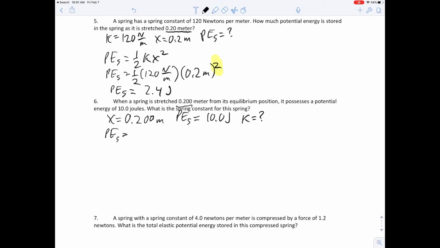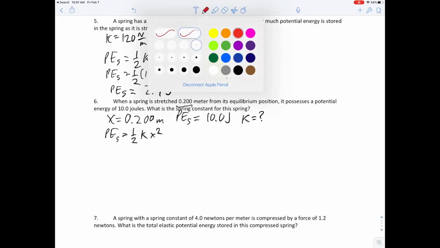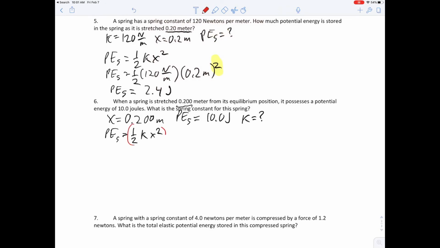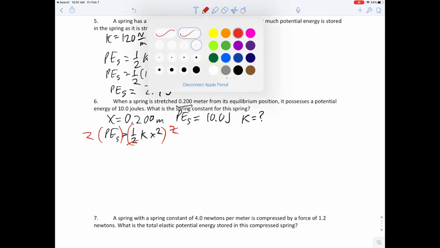So, 1/2 kx squared. This time we're trying to solve for K, so I'm just going to take this in steps, make sure we're happy. If I take this times 2, these 2's will cancel out.